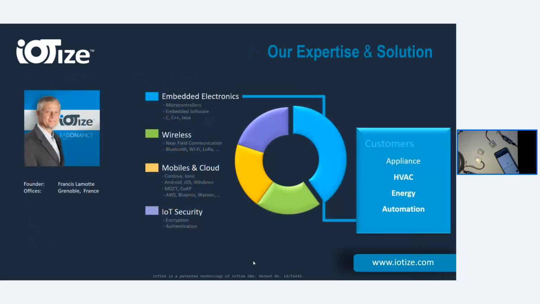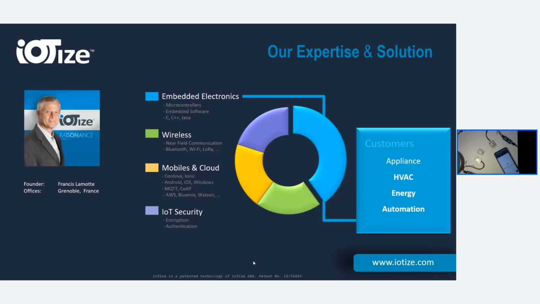Now, where does the solution come from? Essentially, IoTize has a long expertise in providing tools for embedded systems designers. Designers creating systems in appliance, HVAC, energy automation, a wide range of different types of products.